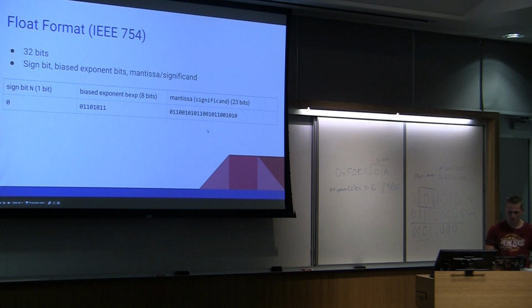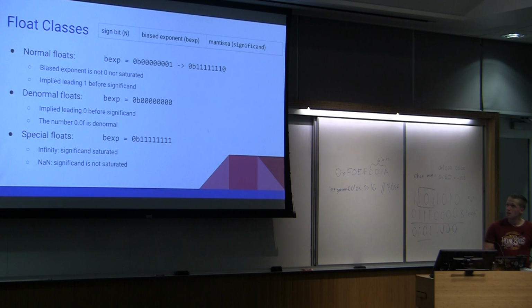Okay, so I'm going to talk about the float types. The main one we care about is the normal floats. These floats are ones where there's a leading 1 before the significand because the exponent bits are neither 0 nor completely saturated. This is most floating point numbers that are possible, and it's the one we care the most about in this class because it follows the rules pretty neatly.